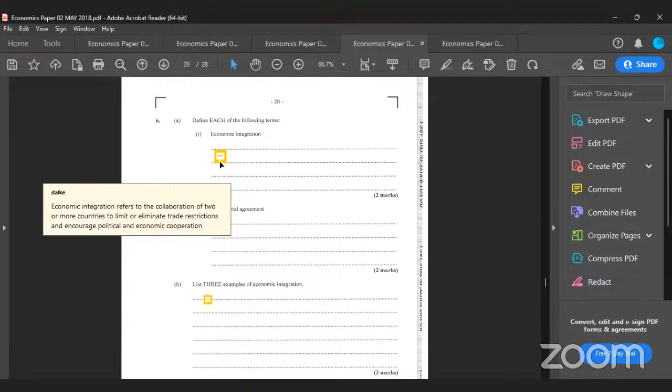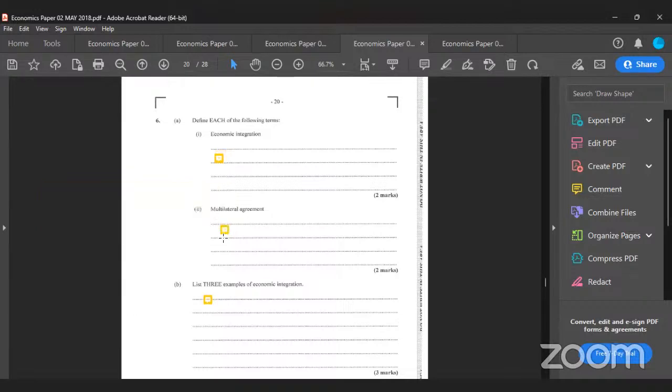So you're saying you want the barriers to trade to fall, right? You want barriers to trade to go down. You want trade liberalization, and you want to encourage persons to cooperate economically and politically.